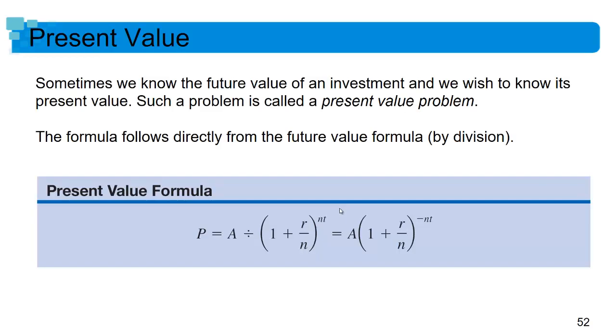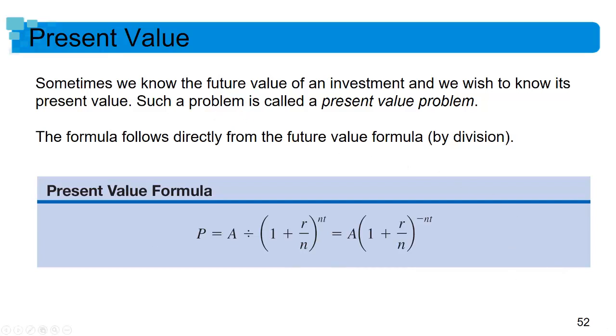Now, I'm going to give you all these present value formulas, but just know that you really don't need a lot of these, because they're just formulas we've already seen that have been algebraically solved for another letter. So it's not really necessary. Remember, the original formula was just A equals P times that stuff.